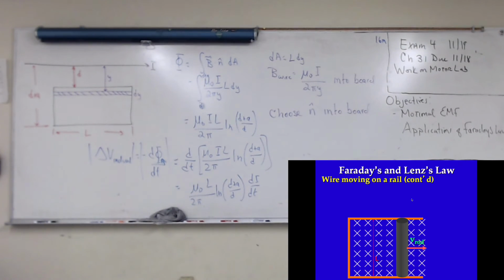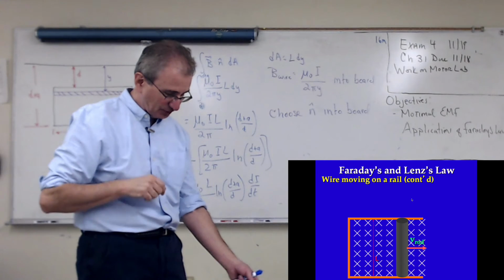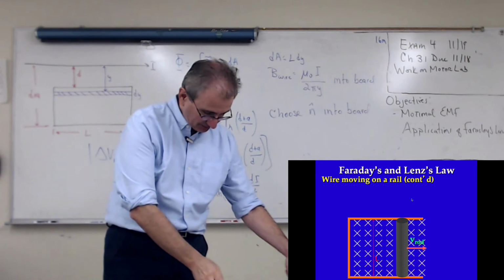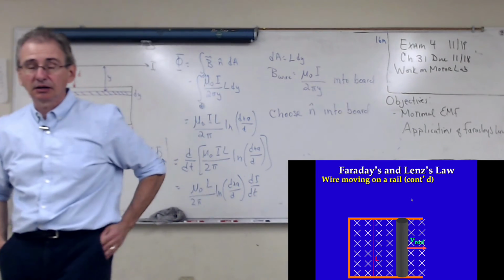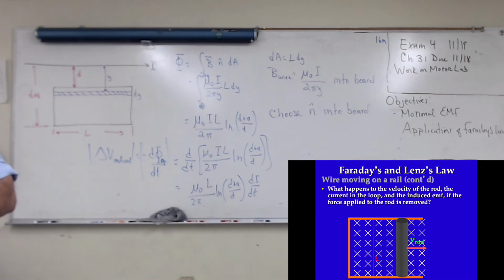Okay. Let's go back to the wire on the rail problem. I want to know what happens to the velocity of the rod. I just give it a push, okay?